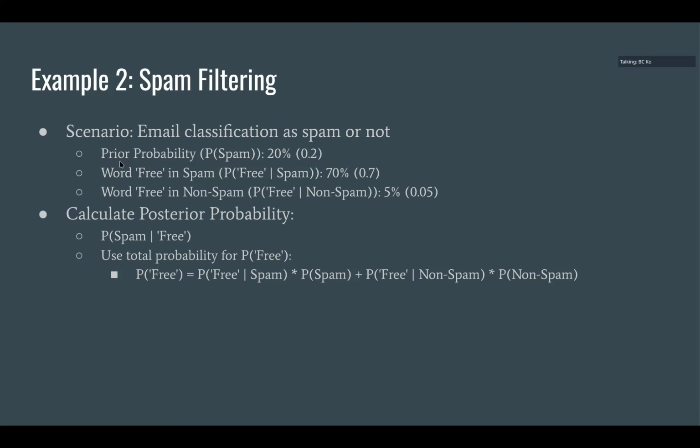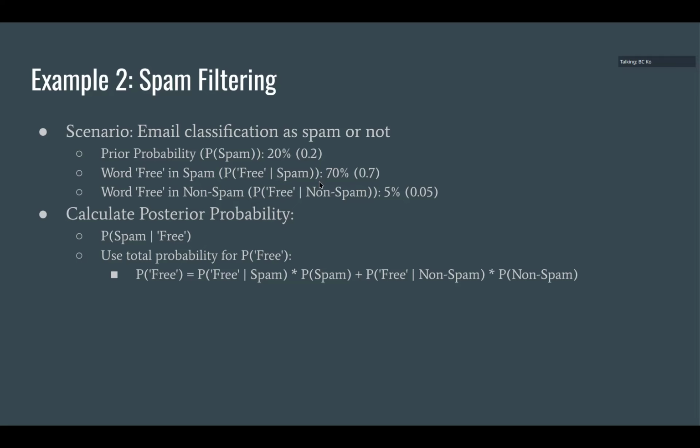So we have prior probability, which is the probability of spam. This is the initial probability that an email is spam, which is 20% or 0.2. And then word free in spam. So this is the probability of having the word free given that it is spam.